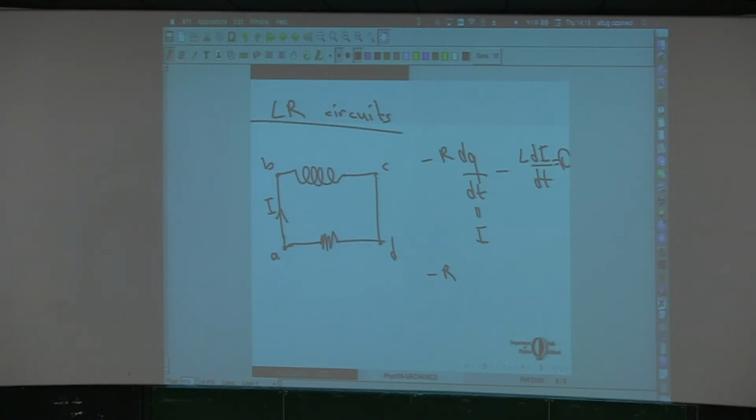Don't think in terms of the potential. So you just want to go from A to D to C and to B.